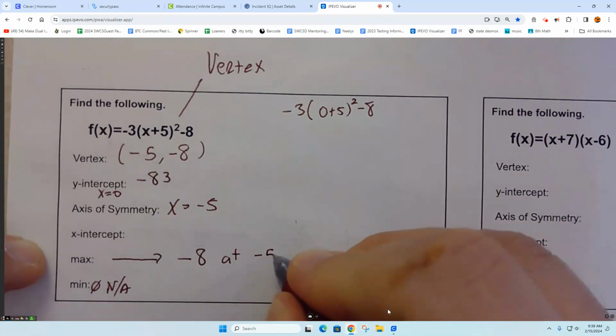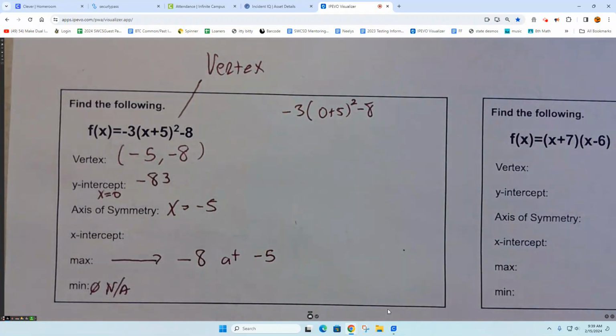-5 is where it's at. -8 is how high it is. And I know some of you are like, how can a negative be the highest point? Because it's relative, right?